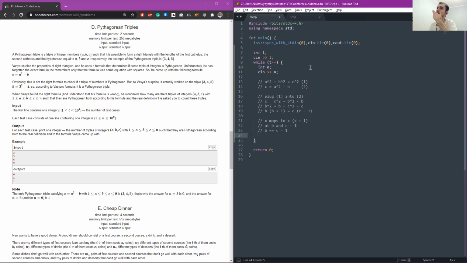Then the question is, what can a be? We know that a squared equals b plus c, which is always possible actually.